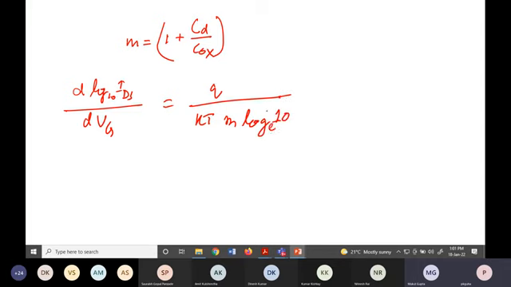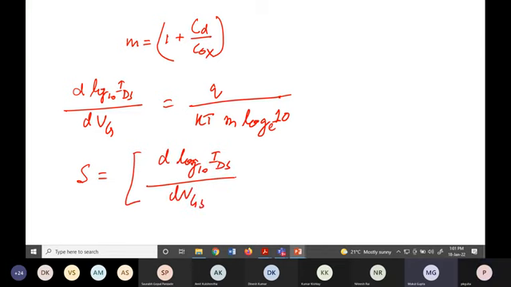So this is log10, this is log e, or ln 10. So this S, the subthreshold slope, is basically the inverse of this expression with respect to dVg.